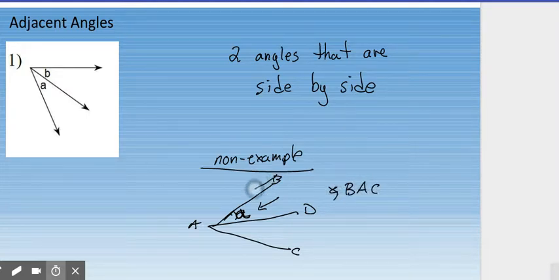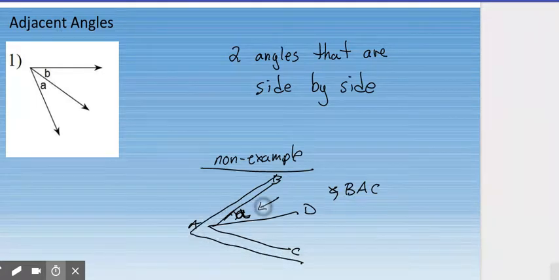Well, angle BAC is this big angle that A is inside of. Those would not be considered side by side. So adjacent angles, they need to be side by side.